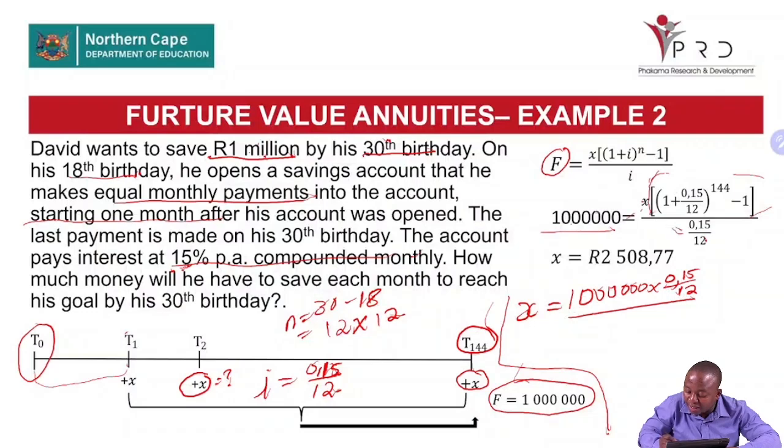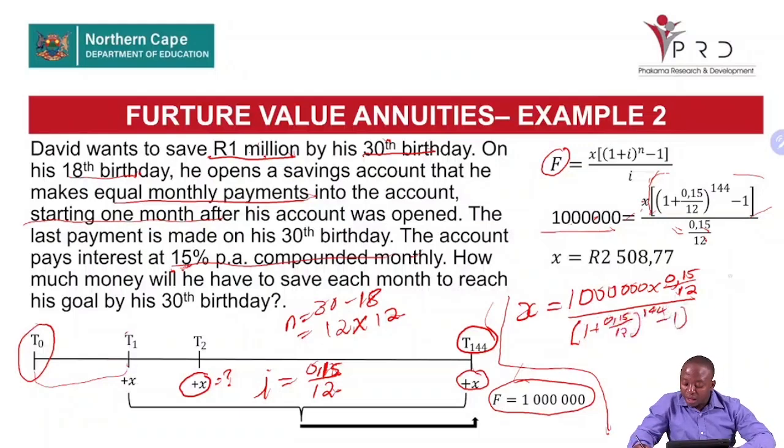So we cross multiply here, this multiplies that, it's no longer there, then we divide by the whole thing. So we're saying 1 minus, 1 plus 0.15 all over 12 to the power 144 minus 1. We make that calculation, that is to say, we press it as it is in our calculator so that we can get an accurate value.